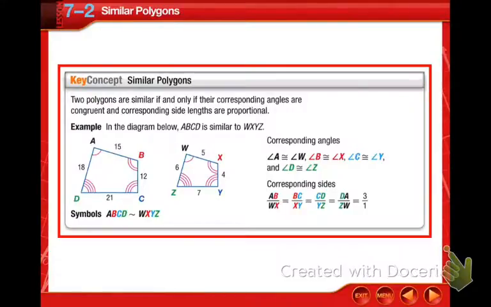So corresponding sides are proportional, so you can set up a bunch of proportions for that. Corresponding angles are the angles that match up that are congruent.